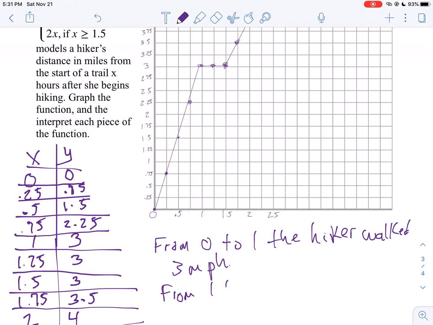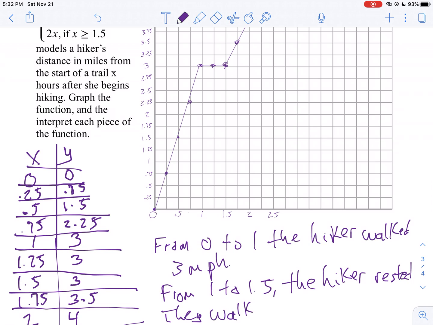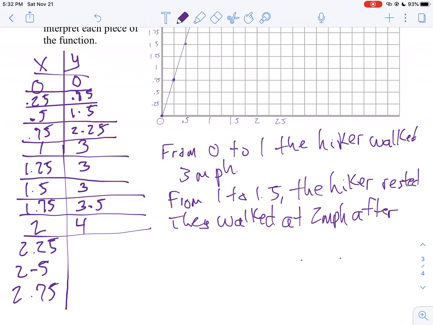From 1 to 1.5, the hiker rested. They didn't go further, but they didn't turn back either. Then they walked at 2 miles per hour after that. And there we have it.